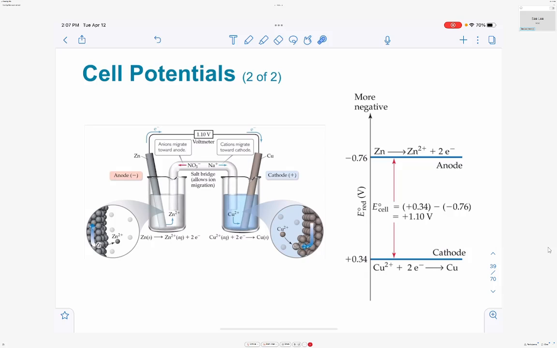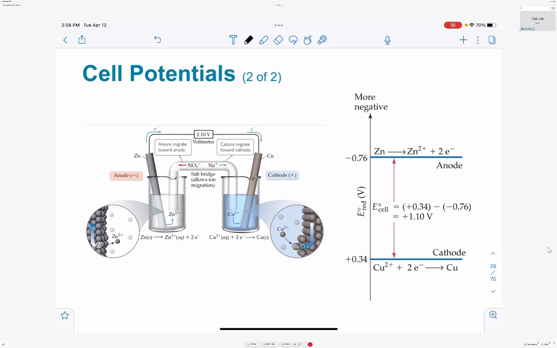Again, the cell potential value has to be positive. The difference between the two reduction potentials at the anode and cathode has to be positive in order for electrons to flow spontaneously from one direction to the other and make the voltaic cell operate properly.